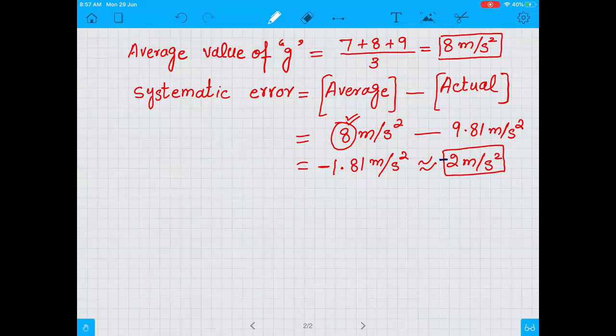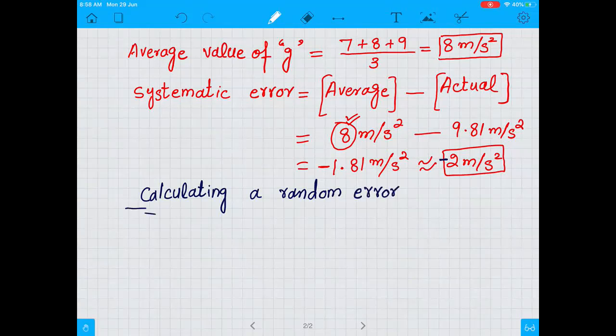Now what about random error? Calculating random error.